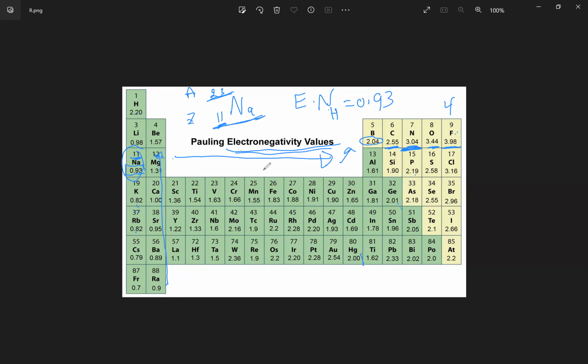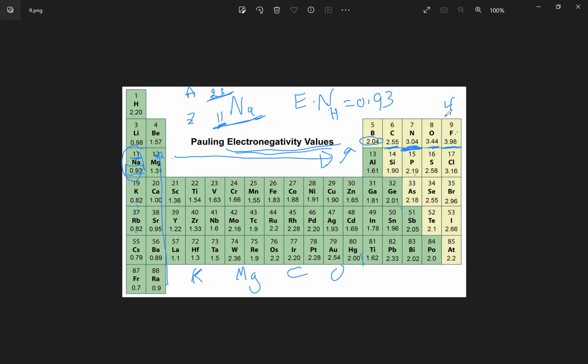Okay? So if he gave me some elements and said arrange these elements according to their electronegativity. For example, he gave me potassium, magnesium, chlorine, carbon, oxygen. As you see, they are arranged, because when I picked them up, I picked them from here to there.